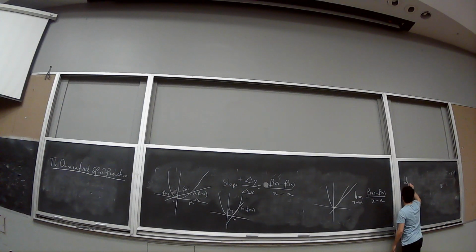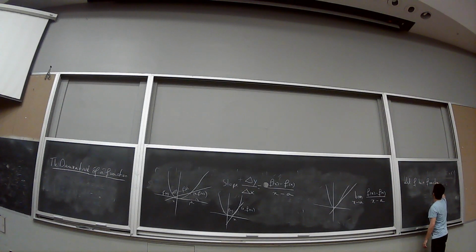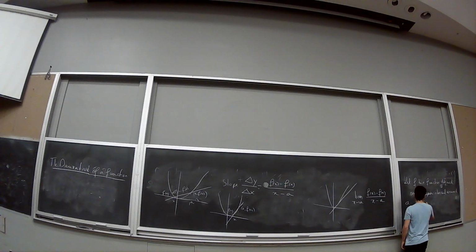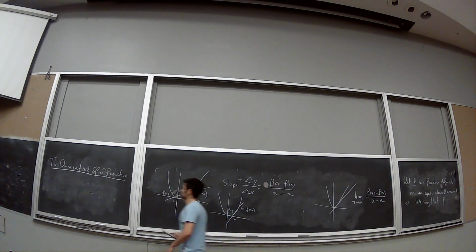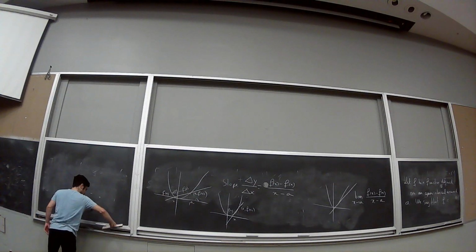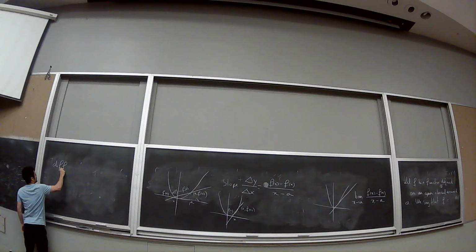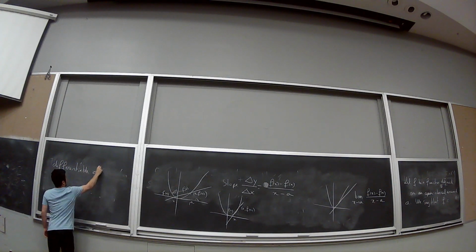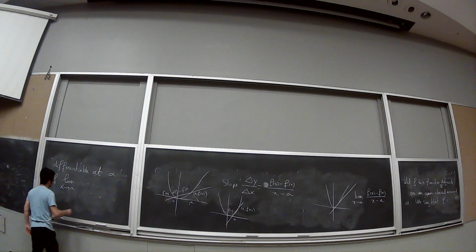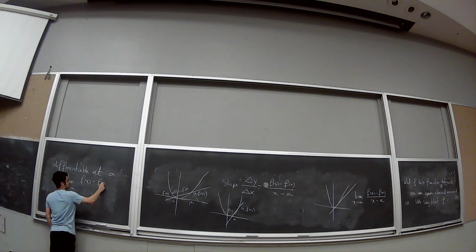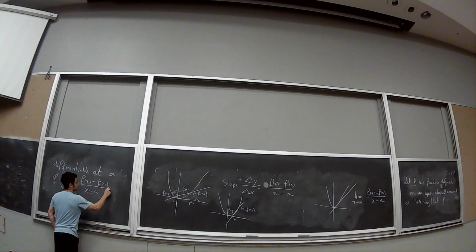So let f be a function defined on an open interval around A. We say that f is differentiable at A if the limit as x approaches A of f of x minus f of A divided by x minus A exists.